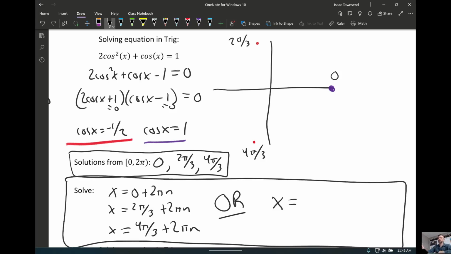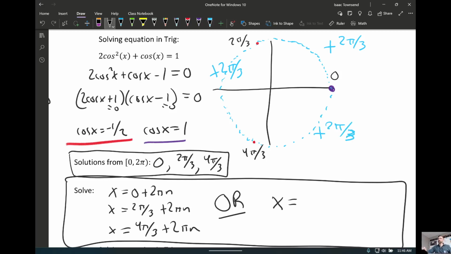So the reason why this works in this question is, if you notice, to go from this answer to this answer, I would need to add 2 pi over 3. But then to get from here to here, I could also add the same value, 2 pi over 3. And then if I go from here to here, I could add 2 pi over 3 again.